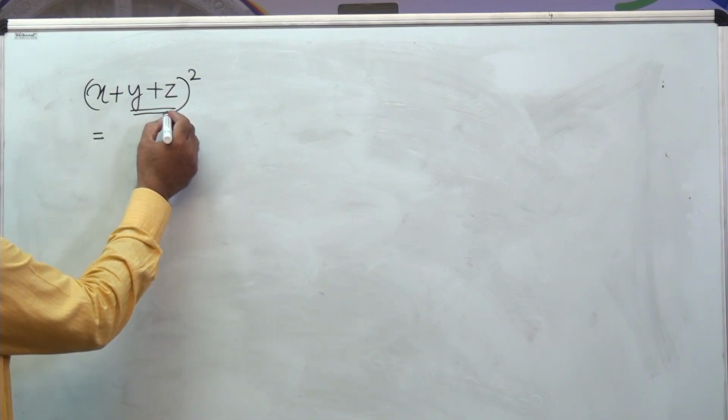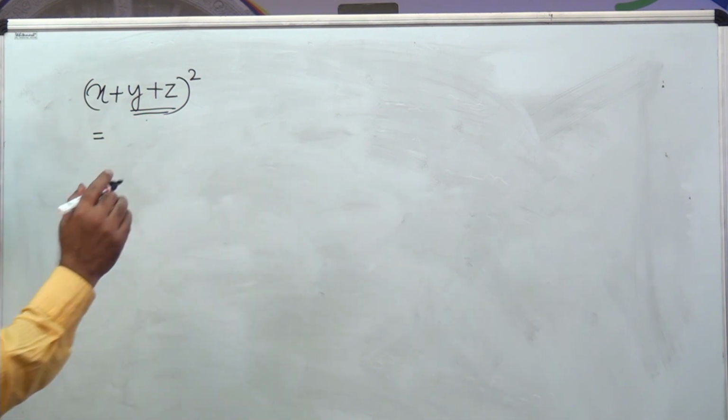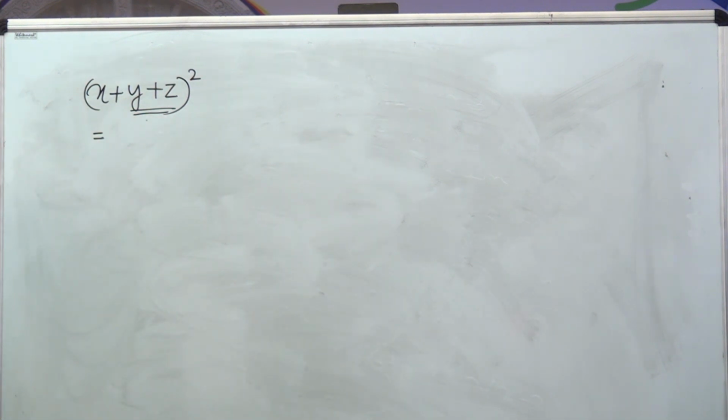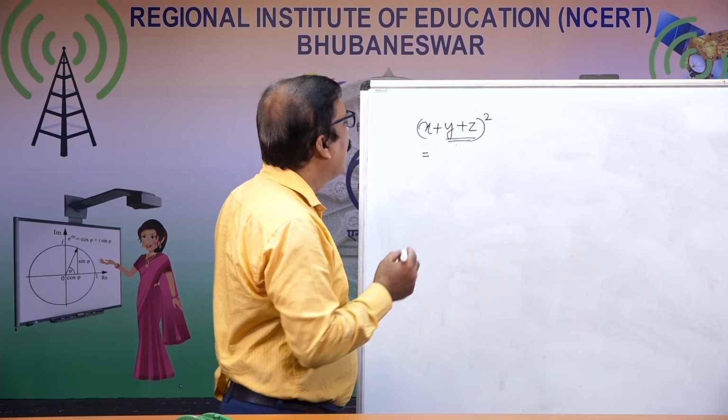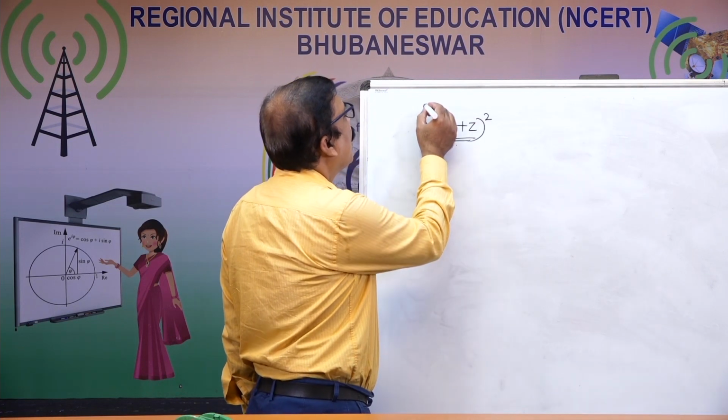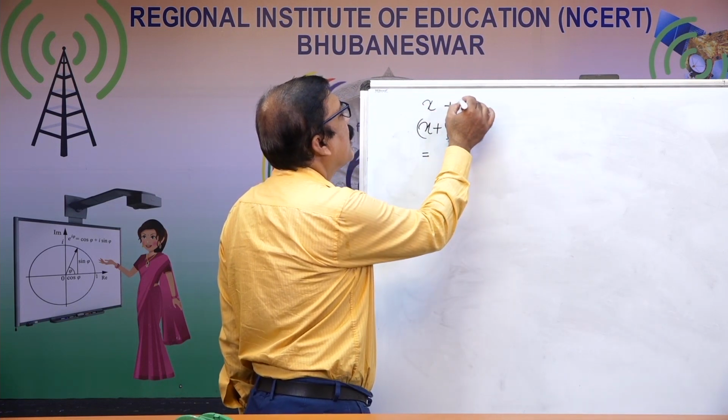x plus y plus z whole square. To get this, let's start with its whole square. Let's consider y plus z as one variable, so we have x plus m.